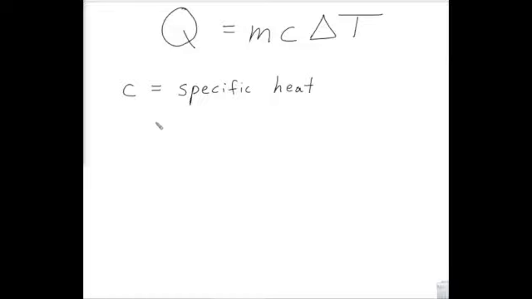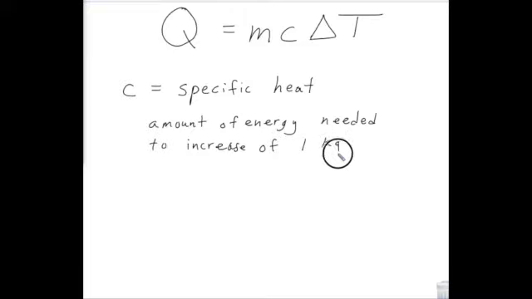And basically, it's the amount of energy needed to increase the temperature of your substance, or rather of 1 kilogram of your material, your substance, by 1 degree Celsius, or 1 Kelvin. In other words, it's how much energy you need to put in order to make something's temperature rise.